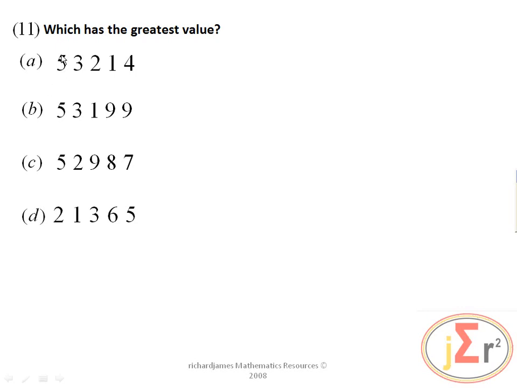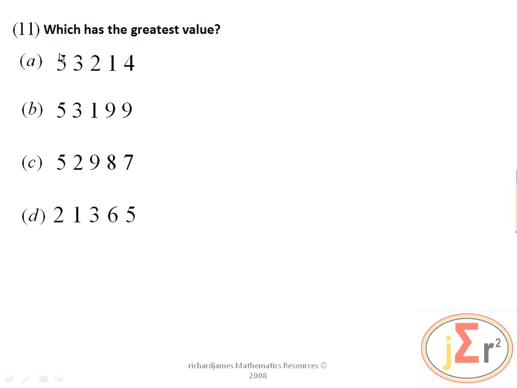So this is the largest place value, and therefore contributes more to the value of the number than the other digits. Therefore, the largest number will be the one that has the largest digit in the largest place value column.